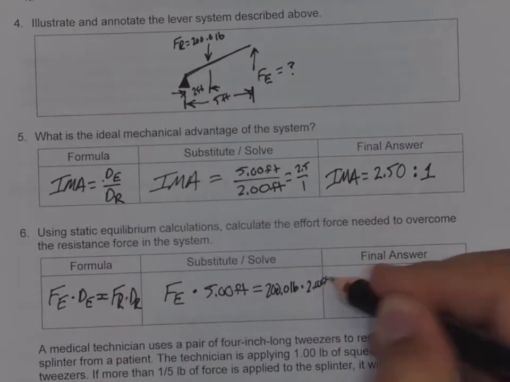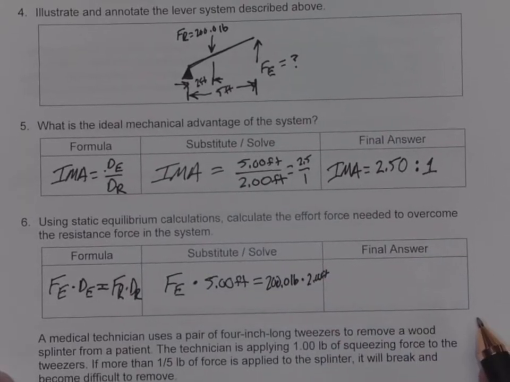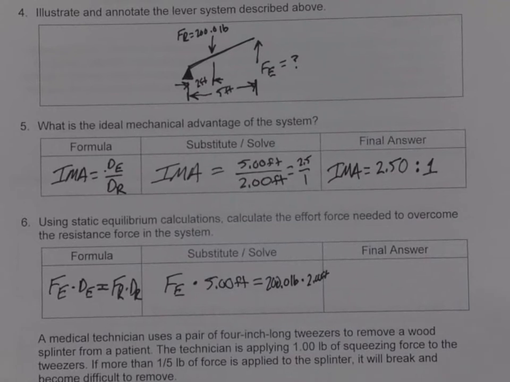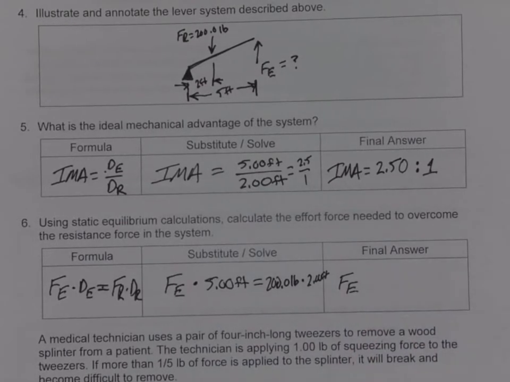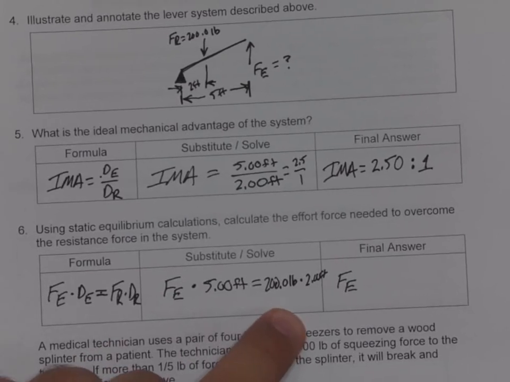I'm going to run out of a little bit of room there, but we can see that. Then, as I solve for this, Fe comes out to be, as I work through the simplified version, I'm going to use my calculator. 200 times 2 will be my right side of the equation.